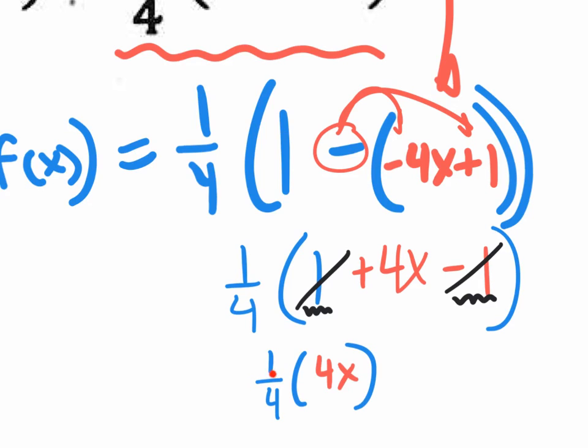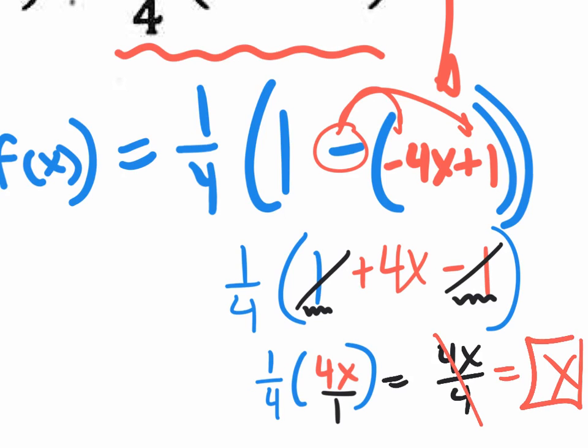And when I multiply 1/4 times 4x, what do I get? Just x, right? If you want, think of it this way. Put the 4x over 1, multiply the top with the top and the bottom with the bottom. You will end up with 4x over 4. And the 4's are able to cancel, which means x is just your answer.